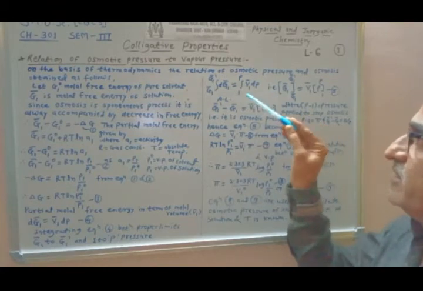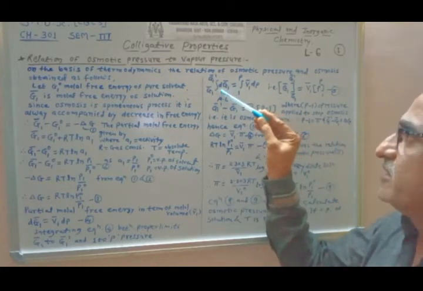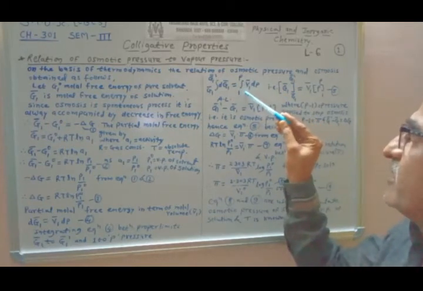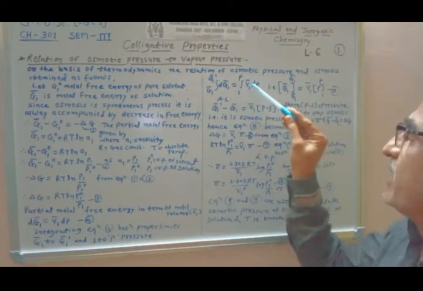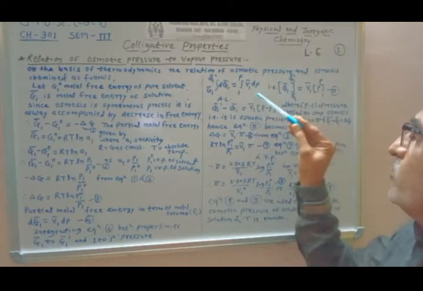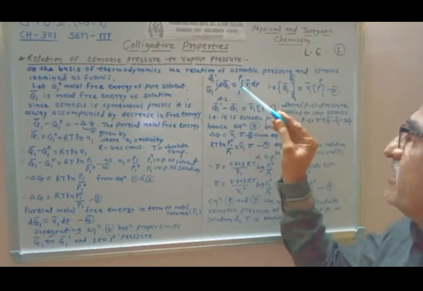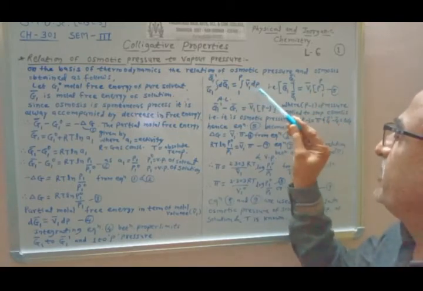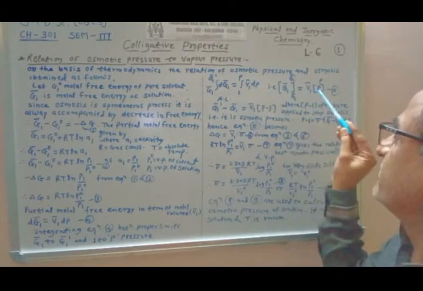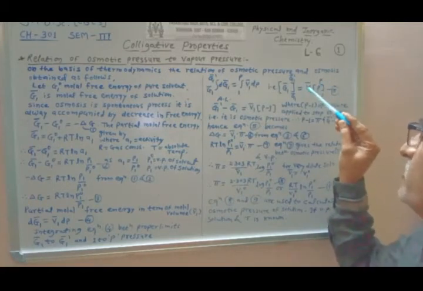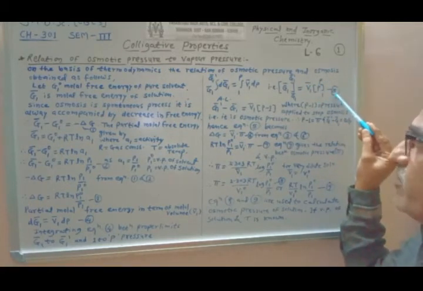Here the integral of dG1 bar is equal to G1 bar, and in the integral of V1 bar dP, V1 is constant, so taking it outside of the integral, the integral of dP has the value P, with limits 1 to P. This is equation number 5.